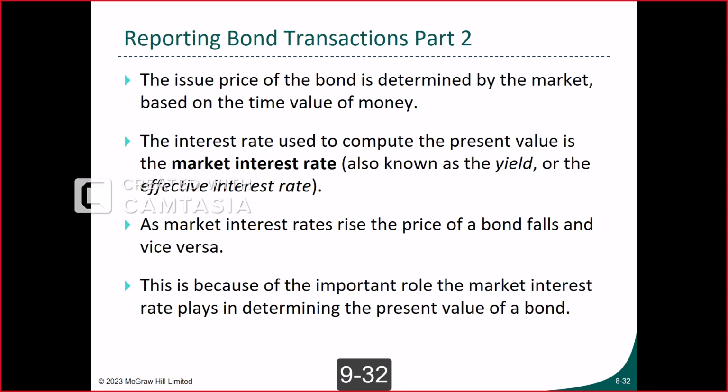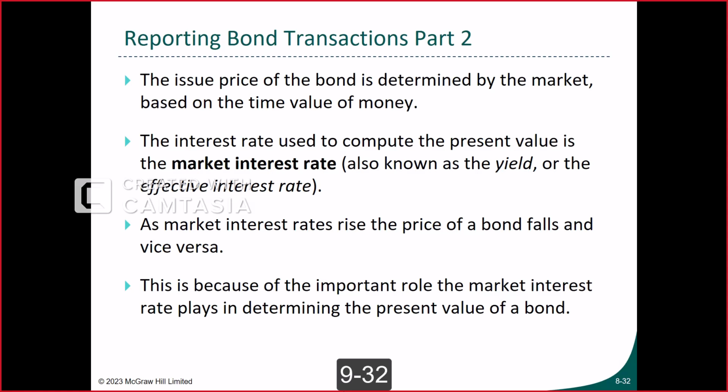A company may decide that the coupon rate is 5%, while the market may decide that the market rate is 6%. That difference between the market or effective rate and the coupon rate is the reason why the issuance price may be different from the maturity value.